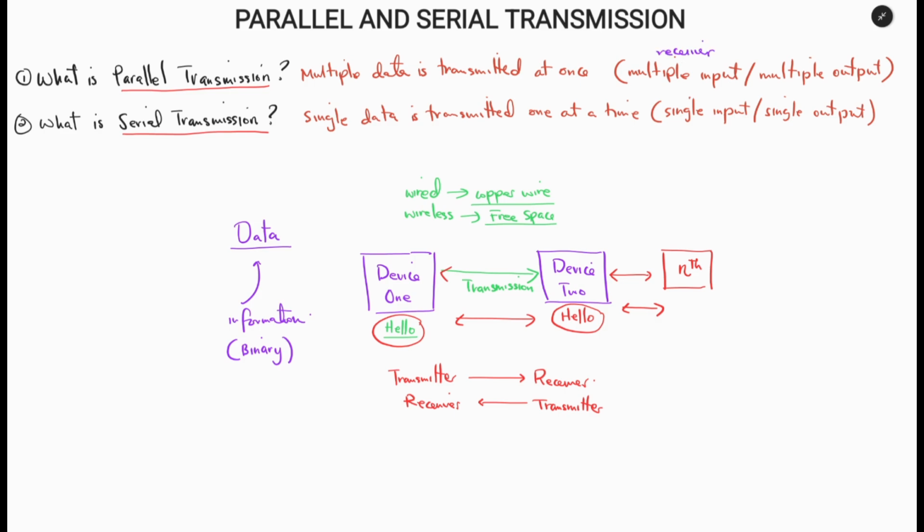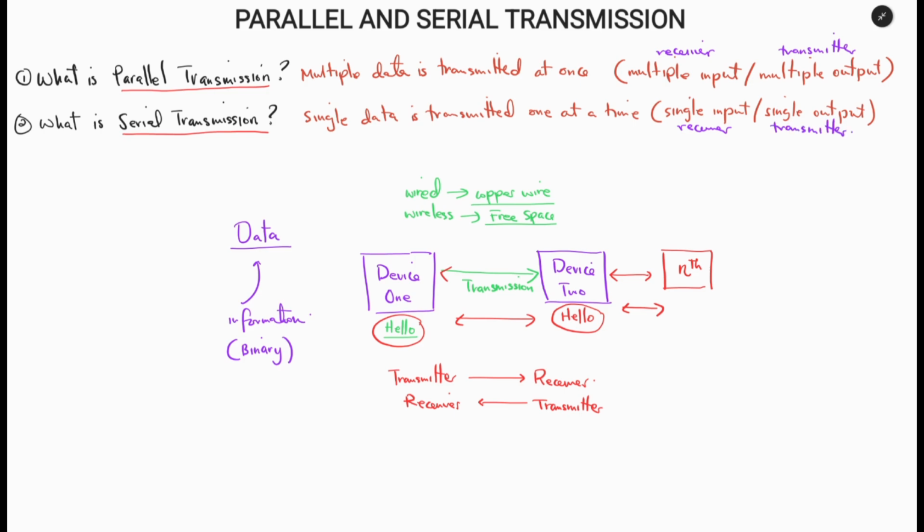And when we talk about a device having multiple output, that is the transmitter. Same as for a serial transmission, a device having a single input is the receiver, and the one that is having a single output is the transmitter.